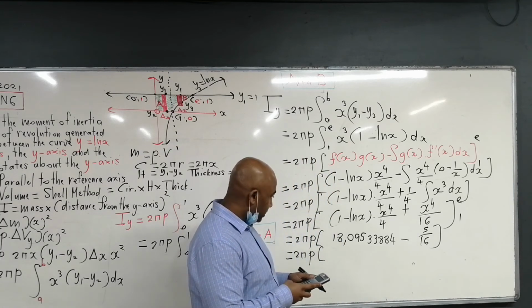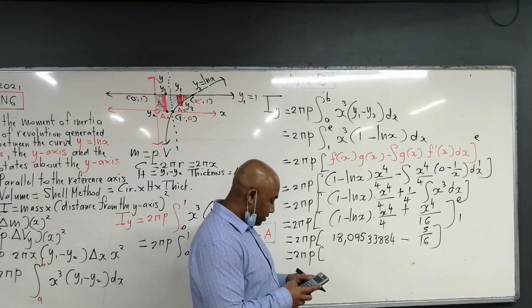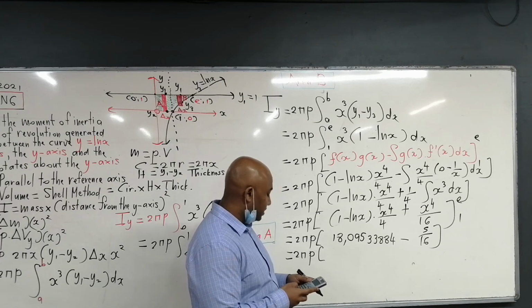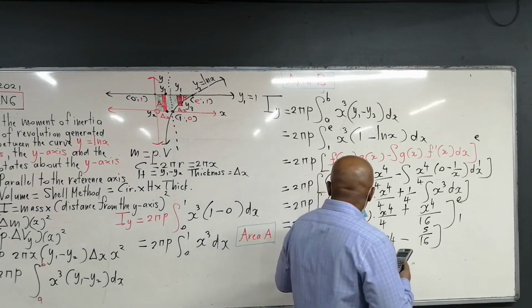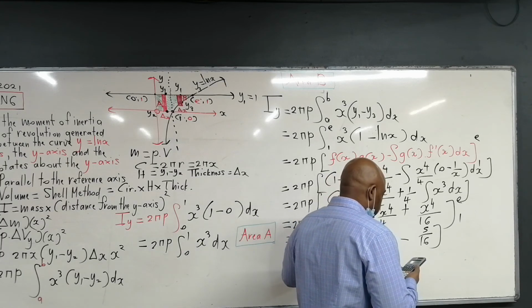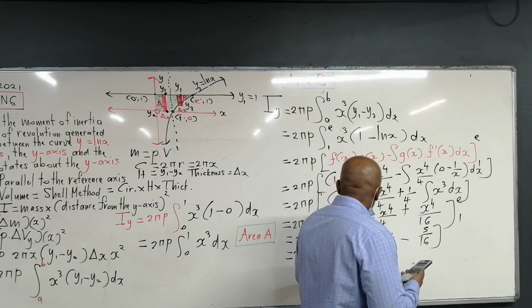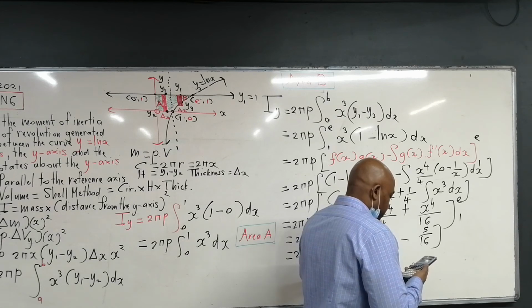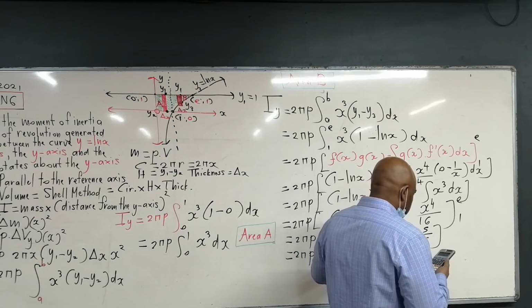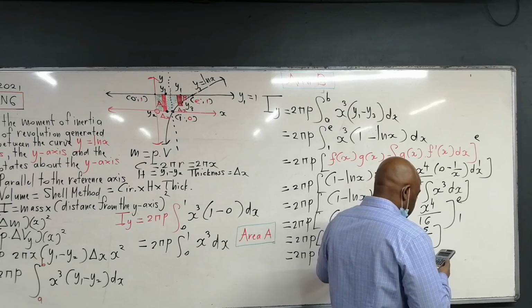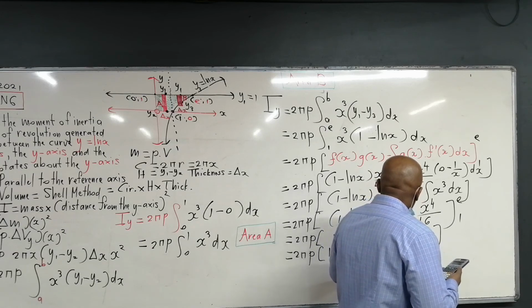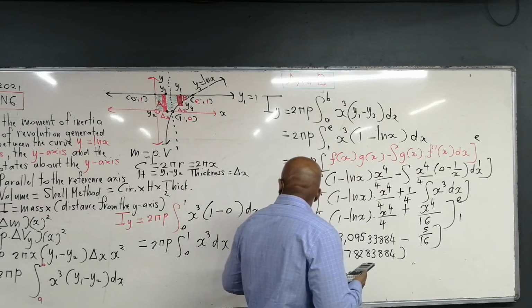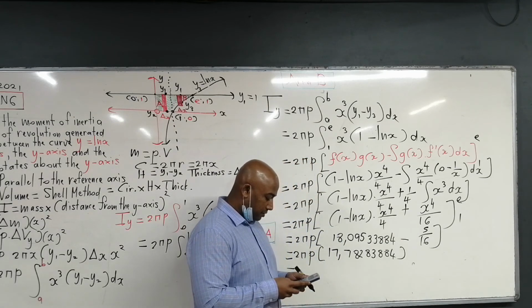So that's 18.09533884 minus 5 over 16. And this is 17.828384 times 2 pi.